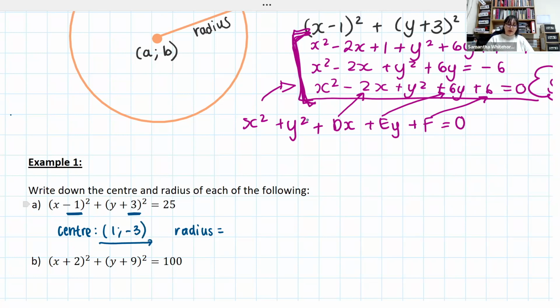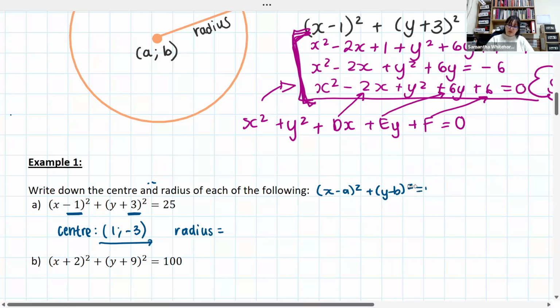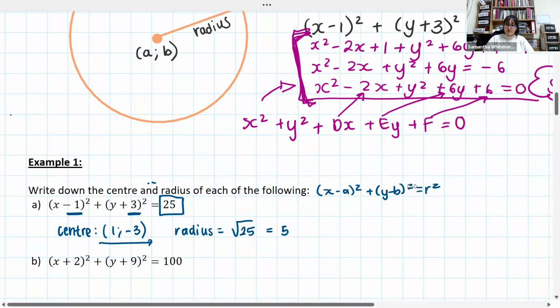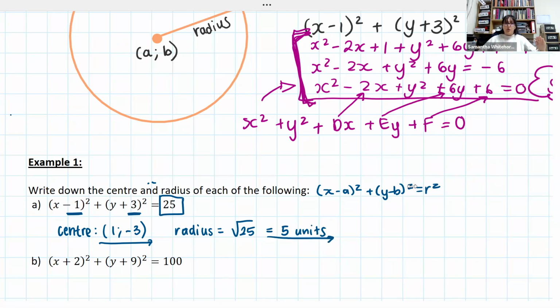Done. Radius, remember, according to my formula, x minus a squared plus y minus b squared equals r squared. This constant on the right-hand side represents your radius squared. So if you want just the radius, you square root it. So my radius here is 5 units. Literally no thought process required. Take the information, take it out, got what you want.